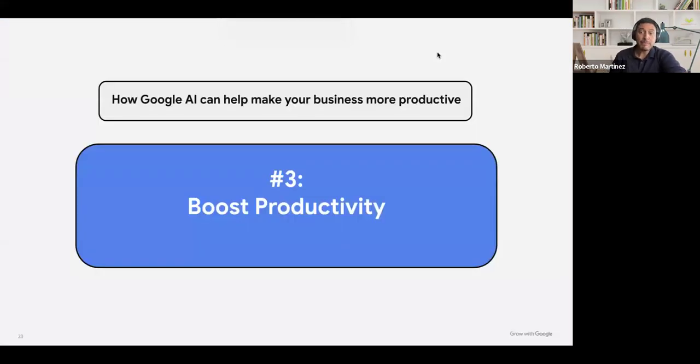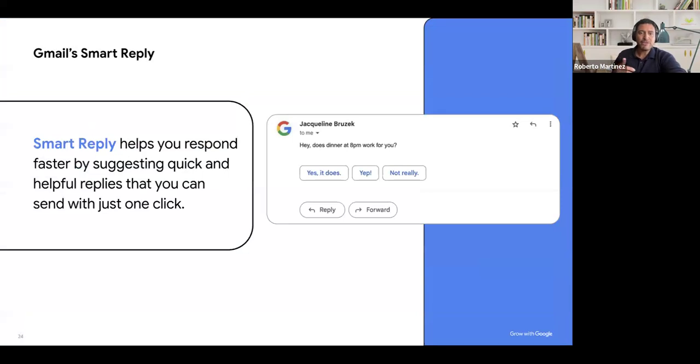Okay, so how do we boost productivity for those of us who are trying to improve our productivity? We already do this with Smart Reply. When we write emails, it's already integrated into our Gmail account. So Smart Replies help us respond faster and more efficiently to queries in our inbox. It starts prompting different responses to emails.